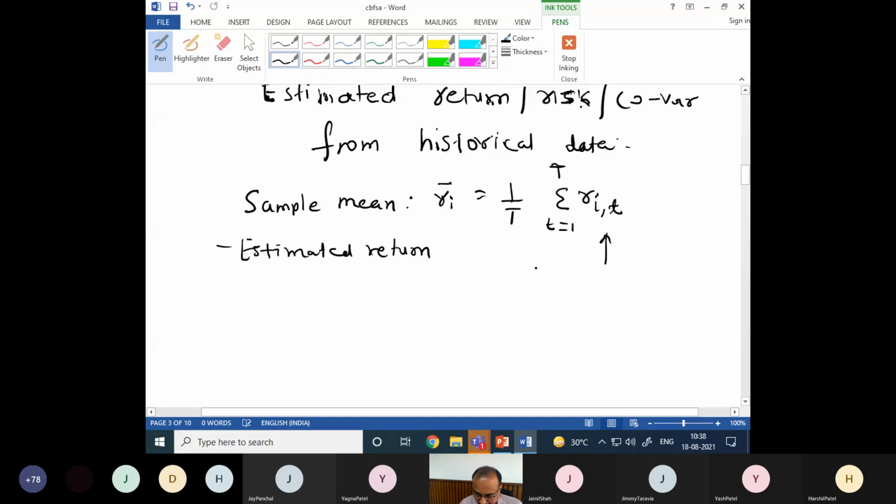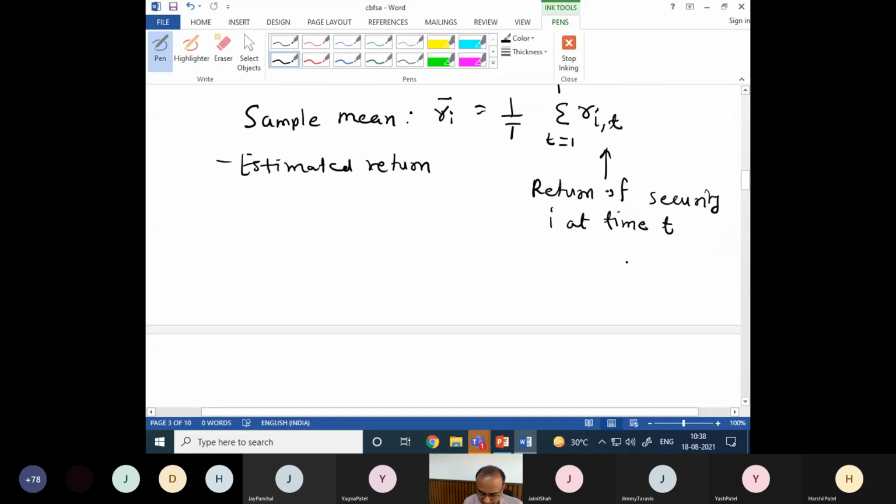And this R_it is available because you can easily find these terms from historical data. So the return of security i at time t, that we can calculate. Then we have defined the sample variance, that is the estimated risk, and that is written as sigma i cap square.